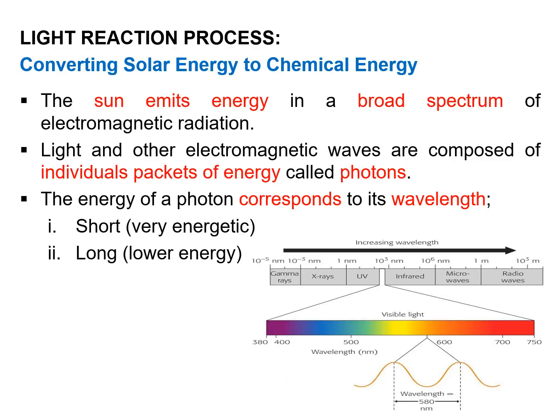Light and other electromagnetic waves are composed of individual packets of energy called photons. So now we know a photon is like an electromagnetic wave which has been packed individually, becoming a packet of energy called a photon.